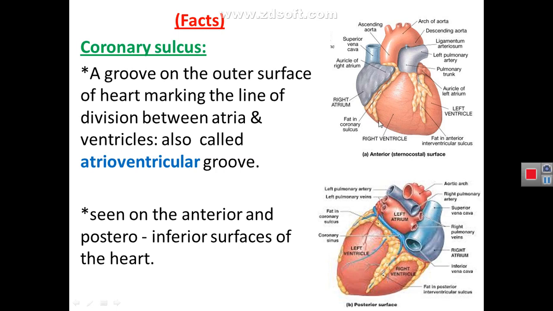These figures show the coronary sulcus or the atrioventricular sulcus.